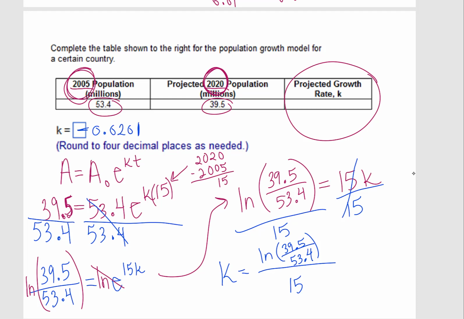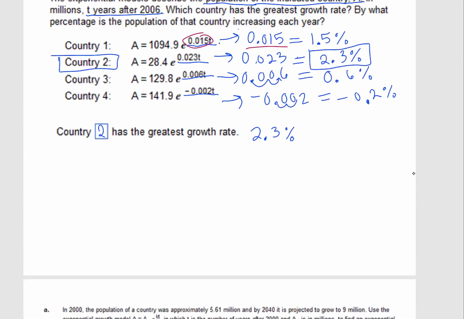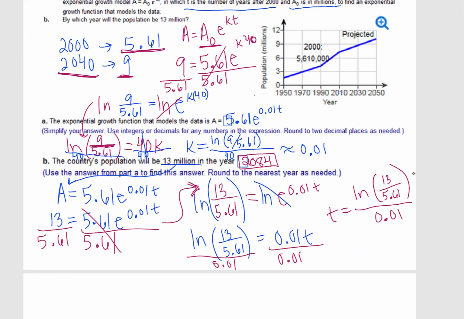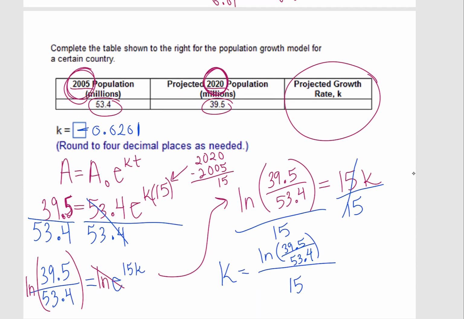So remember that K represents the growth rate. So coming back up to this one, right? We said that, okay, the coefficient up here is the growth rate. That K is the growth rate. But in this last one, we said, okay, well, the growth rate is negative. So actually the population is descending, right? It's decreasing. Well, that is what this growth rate is telling us, right?